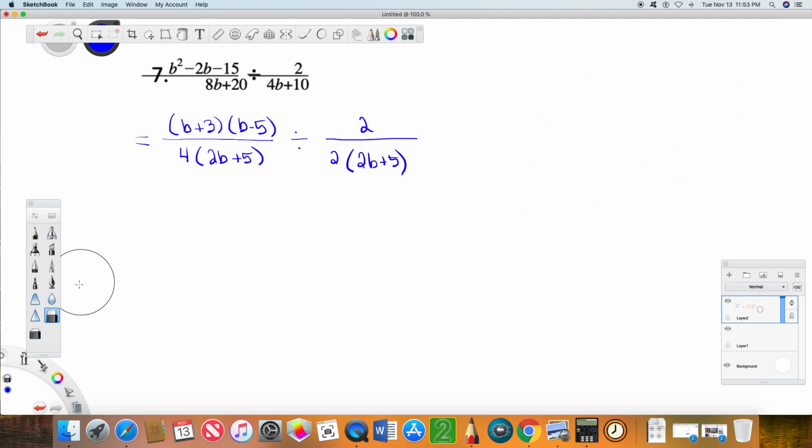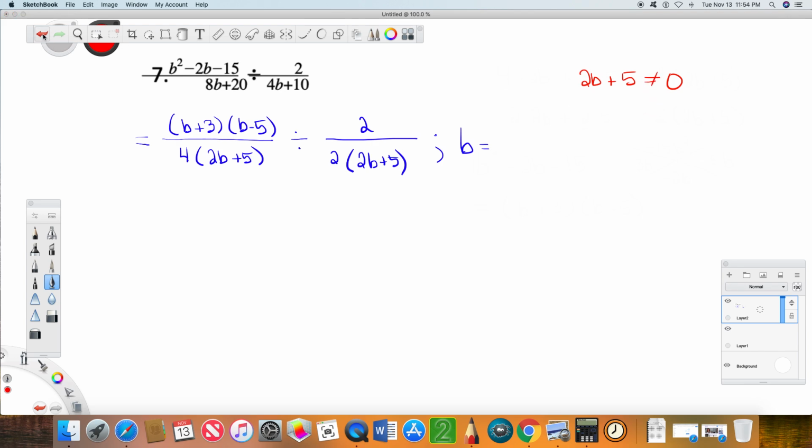So in factored form, it's very easy now to look at my denominator and to see what my restrictions are. This 2b plus 5 is the only factor that has a variable in it, and this is the same factor, 2b plus 5, and we have to make sure that 2b plus 5 is never equal to 0.